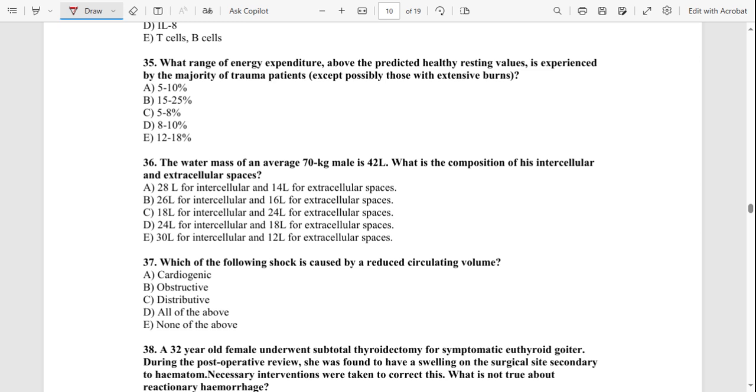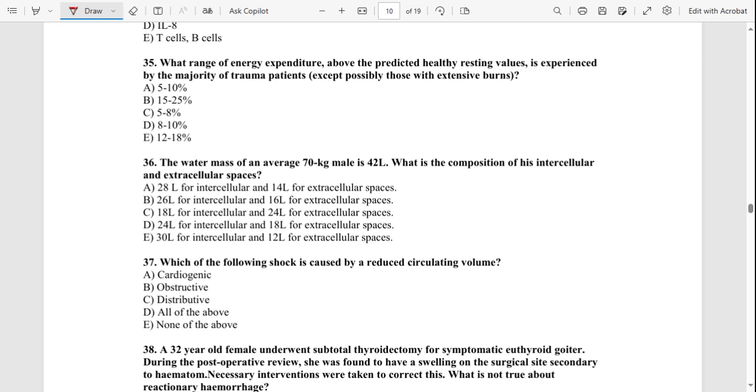Okay. So for people, except those with extensive burns, most trauma patients will experience an increase in energy expenditure, the energy that they have to use, of approximately 15 to 25% above the amount of energy that is used by a healthy resting man.